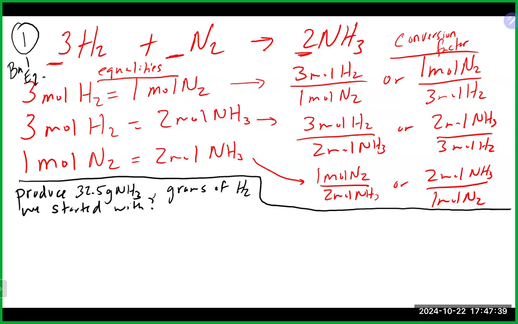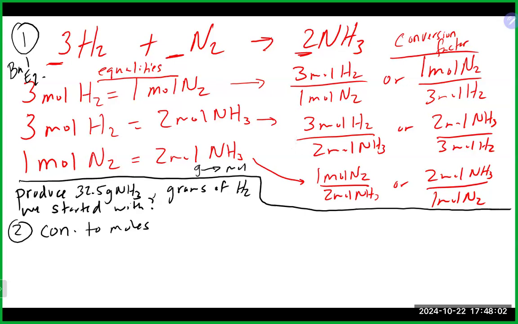Once you have it balanced, the next thing you're going to do is take whatever they gave you and convert it to moles, which usually means whatever unit they give it to you in, you need to get it to grams. And remember that our conversion factor from grams to moles is the molar mass from the periodic table.